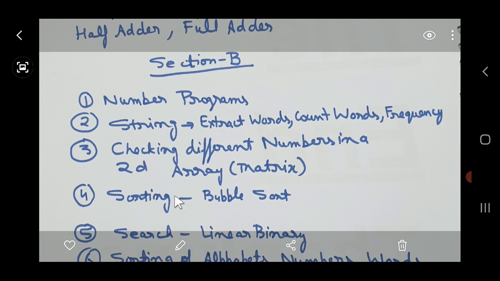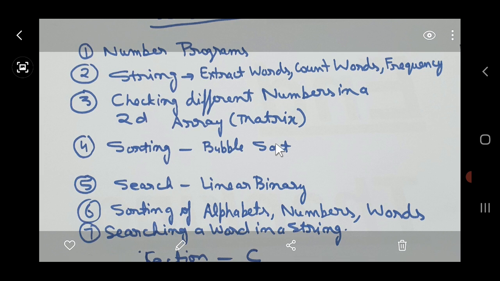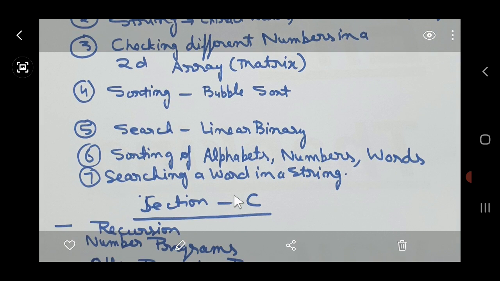All right, students, in sorting we have only bubble sort here. Searching: linear and binary search, prepare that. After that, sorting of alphabets in a given word, numbers, which I have already talked about, bubble sort. Then arranging words, then searching a word in a given string. All these concepts you've already done in class 10th also, so it's pretty easy for you.